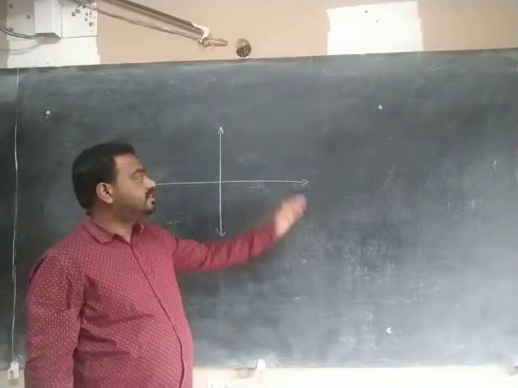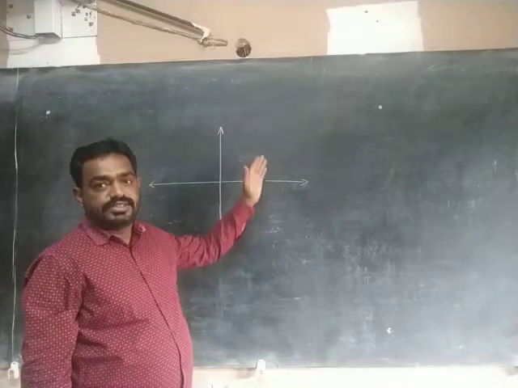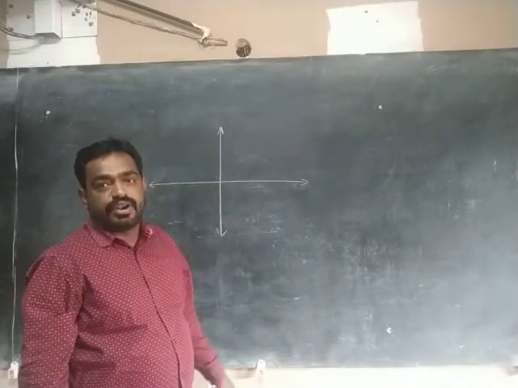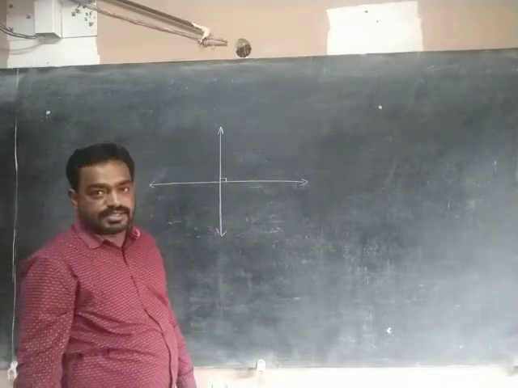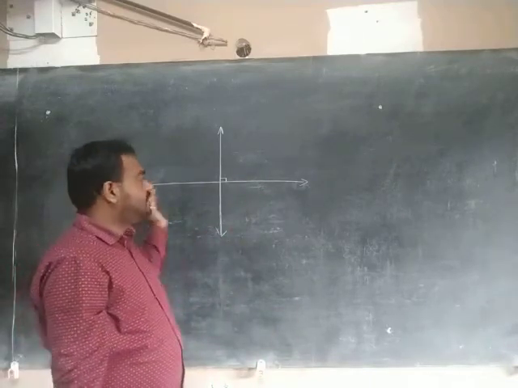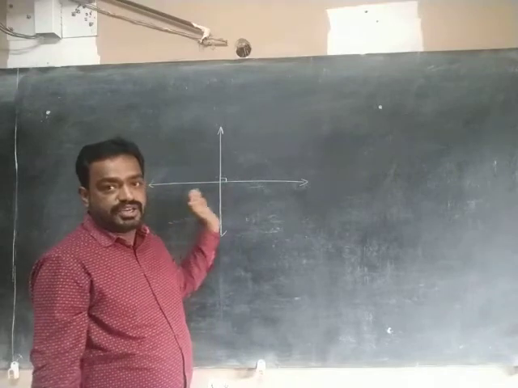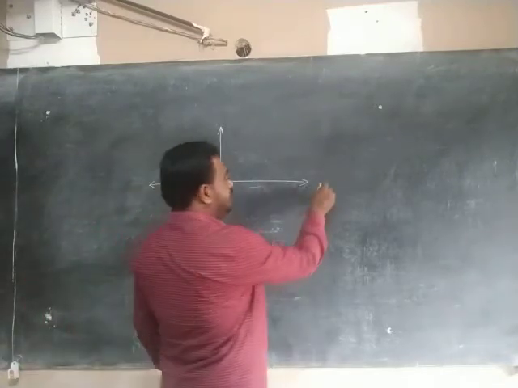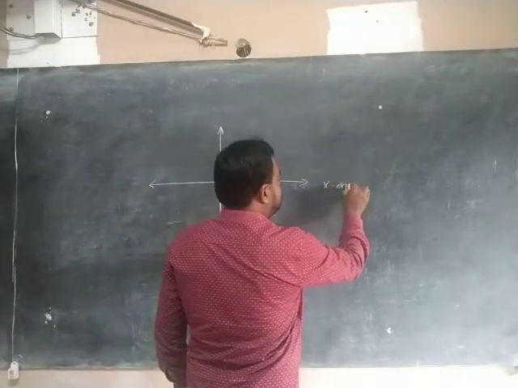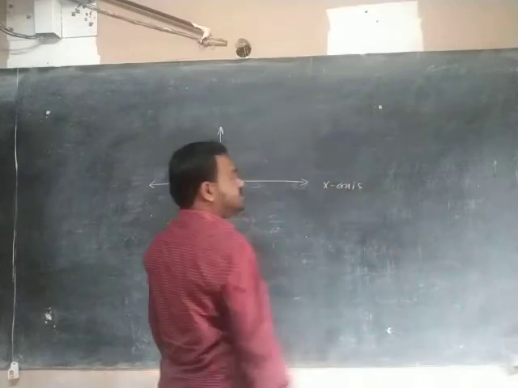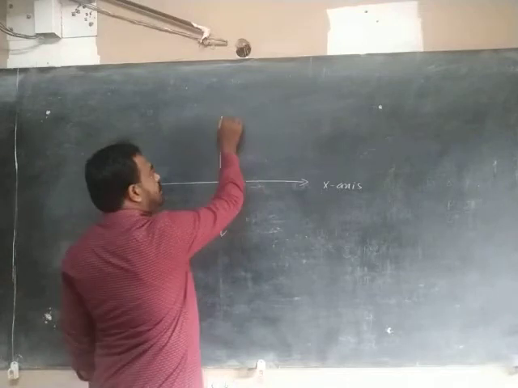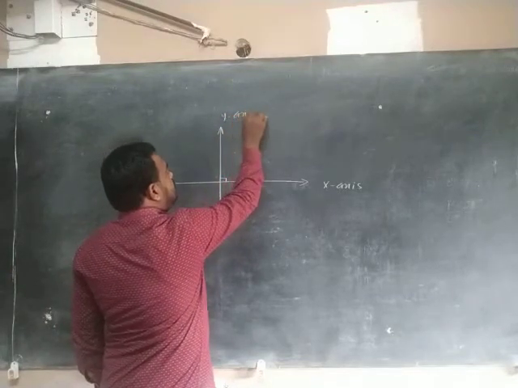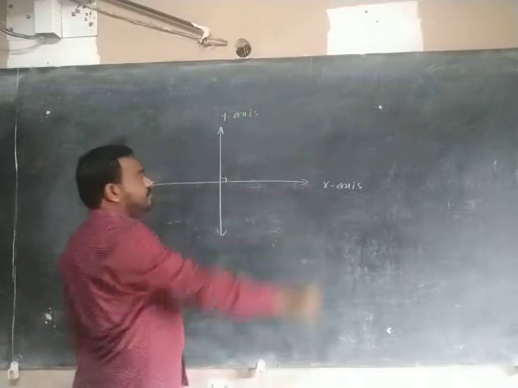Then these lines are called coordinate axes. The horizontal line is called x-axis. The vertical line is called y-axis.